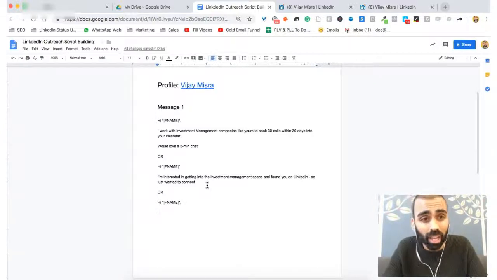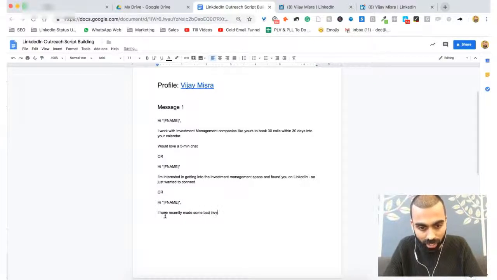Let's think about an interesting angle. We're targeting people in the investment management space, the people who sell investments. One thing that might be interesting to them, and I'm just spitballing, that would make for an interesting message is: I have recently made some bad investments and wanted to find out more about what you guys do.